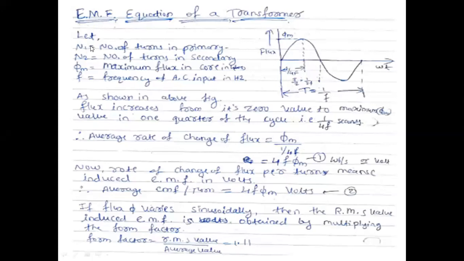Let N1 equal the number of turns in primary. Next line, N2 equal to the number of turns in secondary.